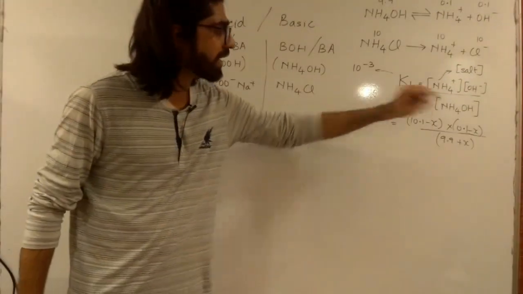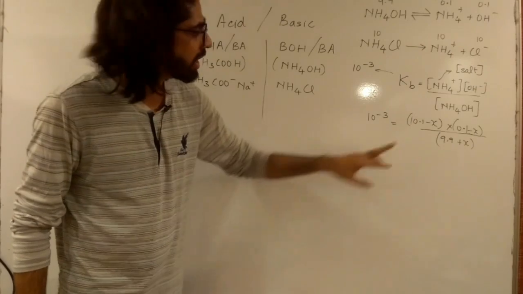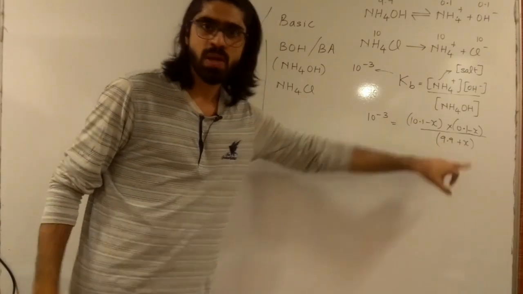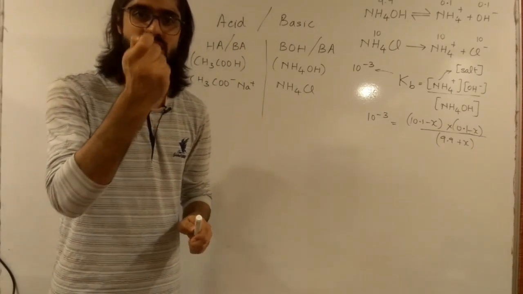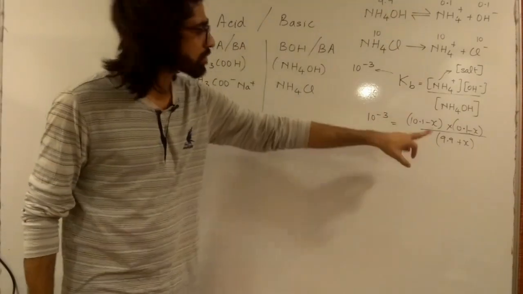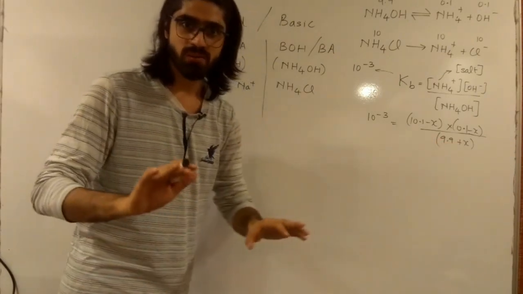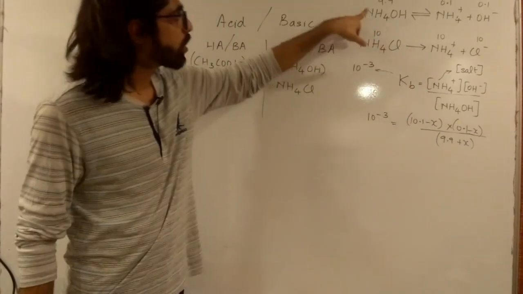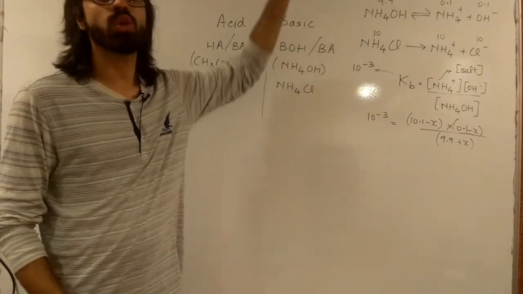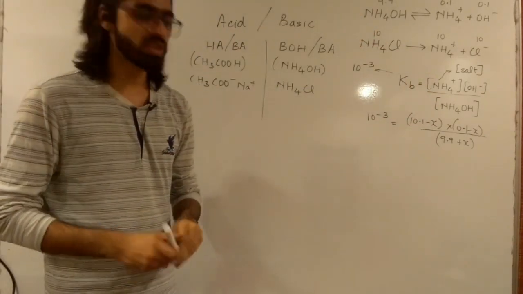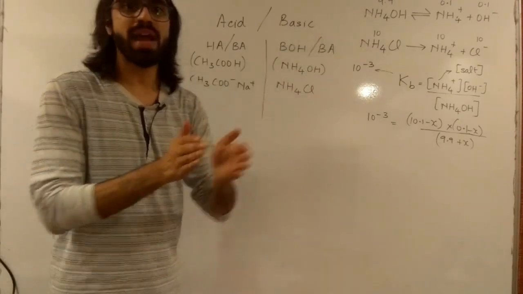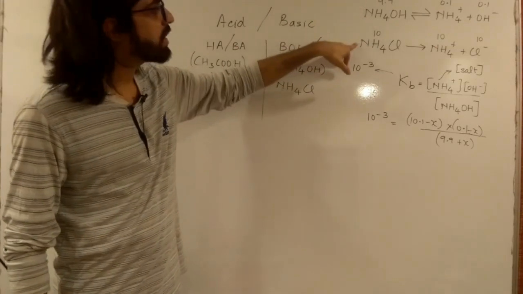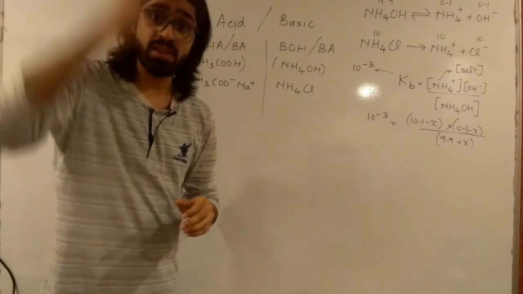Similarly, try to think over it, what is the NH4OH concentration at equilibrium? Now NH4OH concentration at equilibrium is 9.9 plus X. We just saw that X is a number which is slightly lesser than 0.1. So that 9.9 plus X will be approximately 10 only. Now that NH4OH concentration is approximately 10 because you had taken 10 moles of NH4OH. There is another way of explaining this. NH4OH had to dissociate very little because it is a weak base, and by adding NH4Cl you have suppressed the dissociation even further.